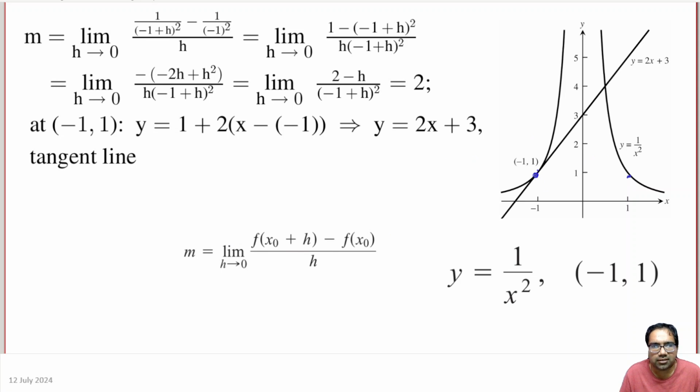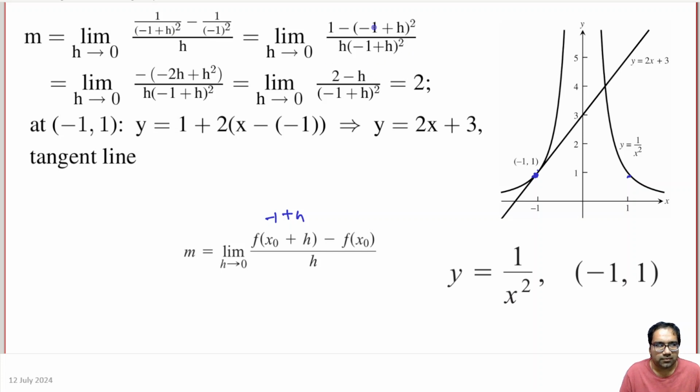Now again, what is our slope? Slope of the curve at this point, f of x naught plus h minus f of x naught. What is our x naught? x naught is minus 1. So 1 by x square. In place of x, we will put minus 1 plus h. Minus 1 plus h whole square, minus f of minus 1, which is nothing but 1 by minus 1 square. Right, this becomes 1 minus (minus 1 plus h) whole square, by 1 times (minus 1 plus h) whole square.